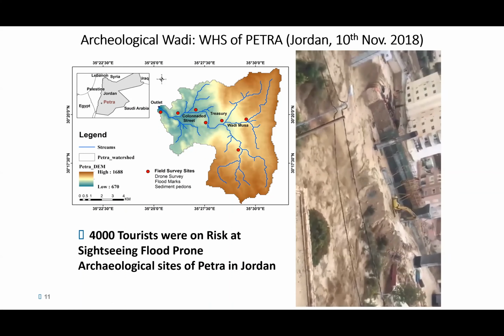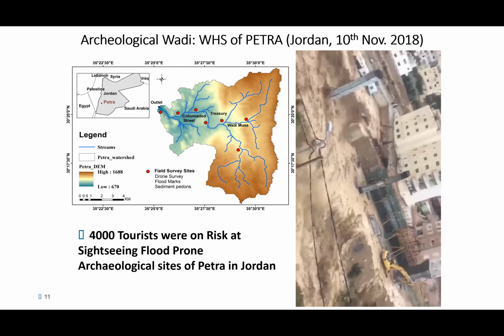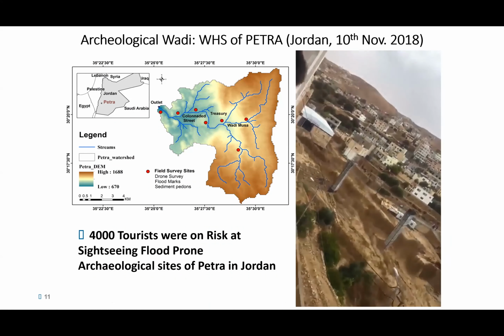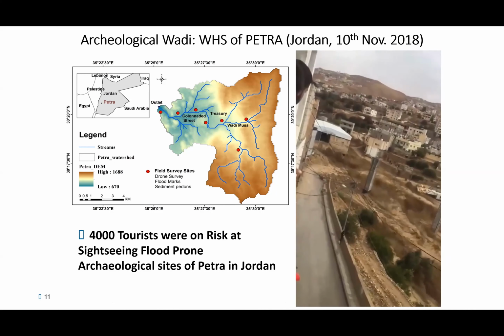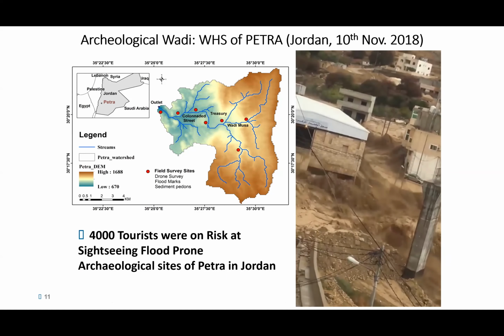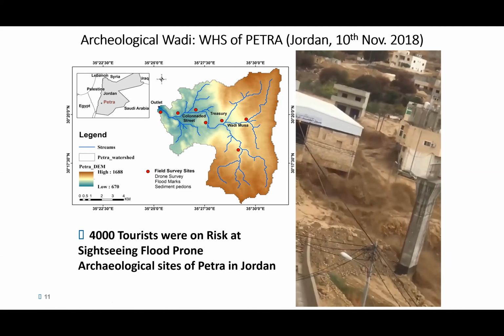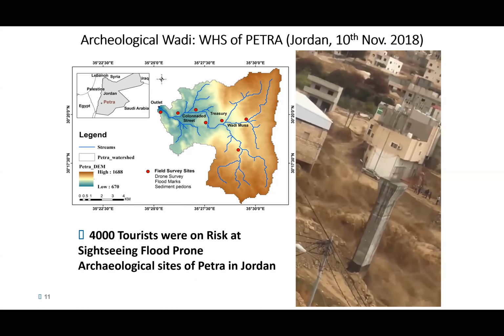where it is a UNESCO World Heritage Site, and frequently this site has also been hit by flash floods. More than 4,000 tourists were at risk while sightseeing the flood-prone archaeological area in November 2018.